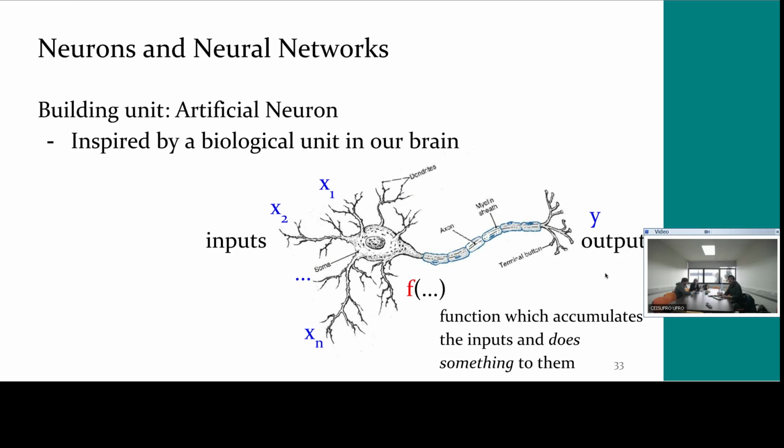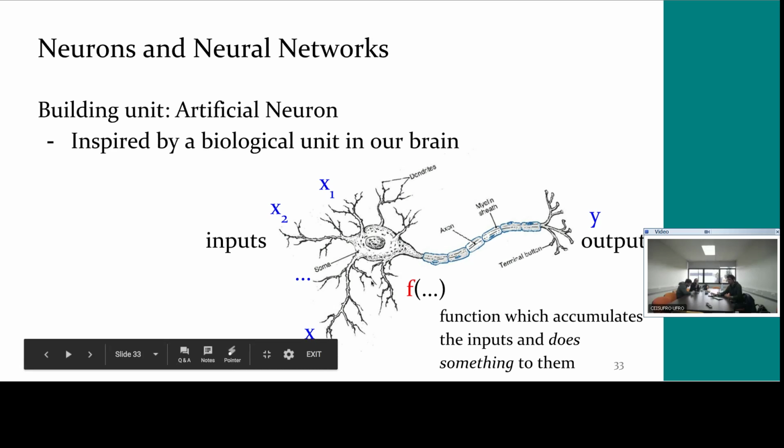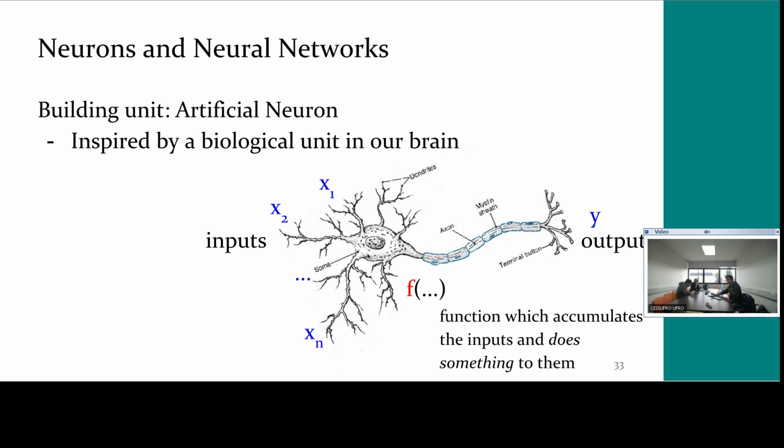What is a neuron? We will be talking about artificial neurons, which are inspired by a biological unit in our brain, shown in this illustration. Here we can see a neuron with connections to some previous neurons somewhere in the brain.